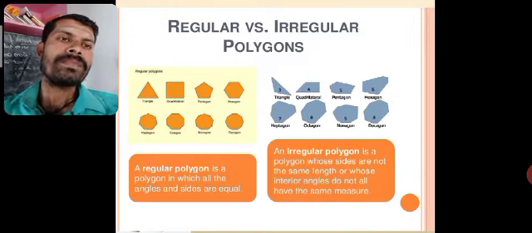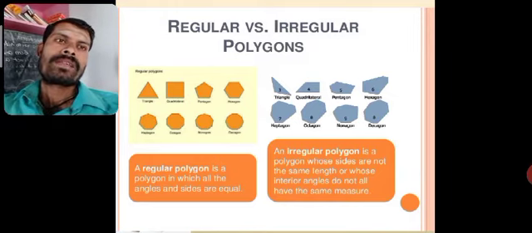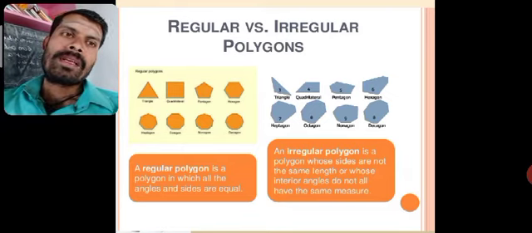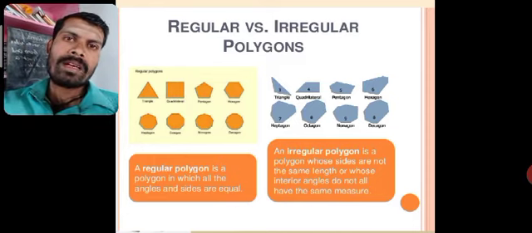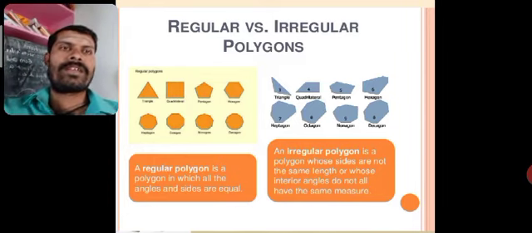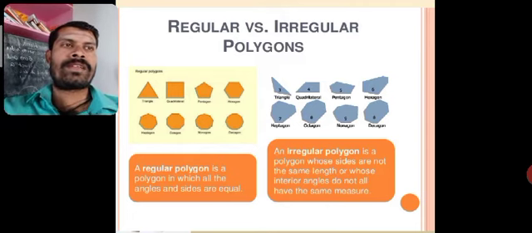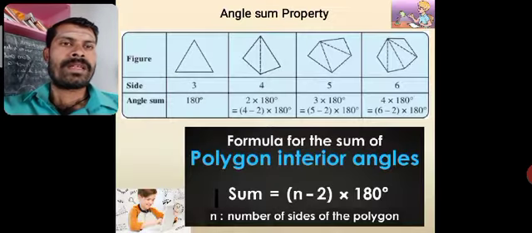Polygons which are not equiangular or equilateral are irregular polygons. So I think you understand the meaning of regular and irregular polygons.